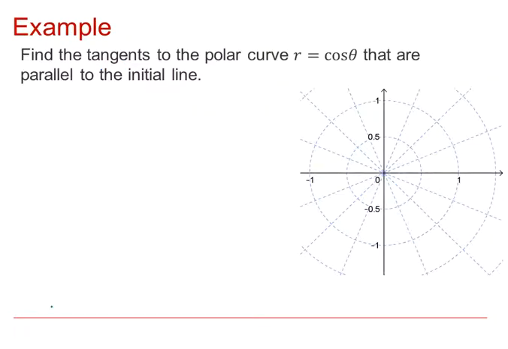So here we want to find the tangents to the polar curve r equals cos theta, which are parallel to the initial line. If we just quickly sketch this curve, when theta is 0, r is 1. When theta is pi by 2, r is back at 0. I could check some more points, but we should find that we are dealing with a circle.